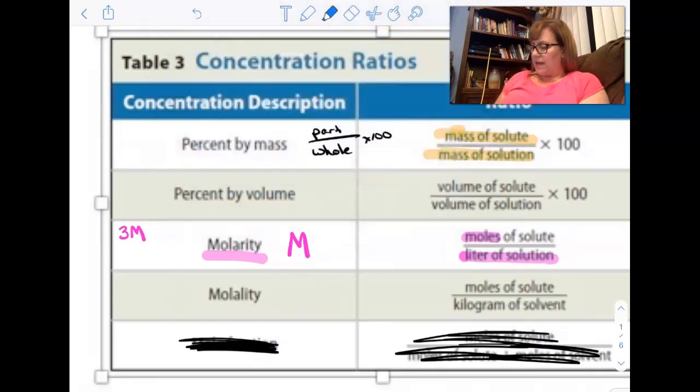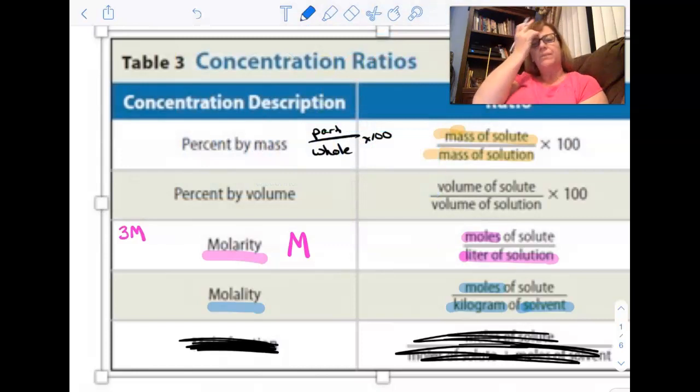Then we will look at molality. Again, as you would think from the name, it does look at the moles of the solute. But now, instead of the liters of solution, you're going to deal with the kilograms of the solvent. Okay, so that's something you want to pay attention to, is that slight difference when we go to calculate molality.